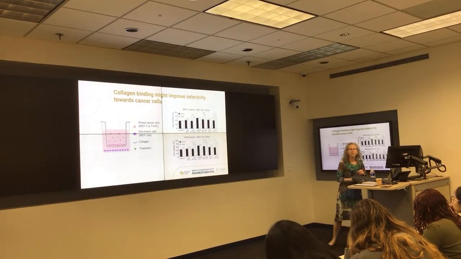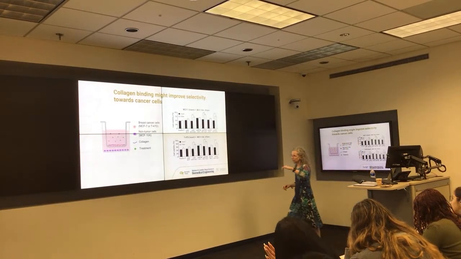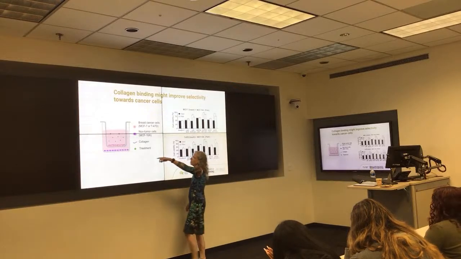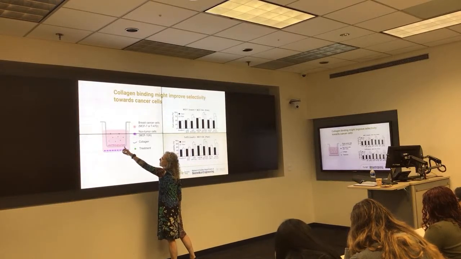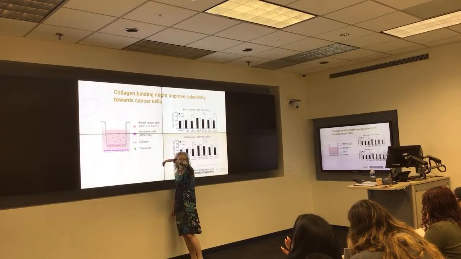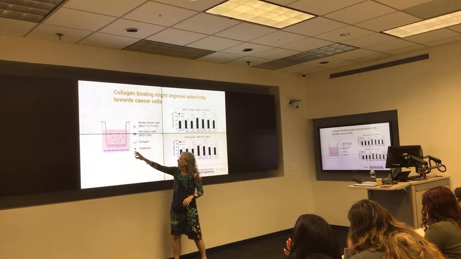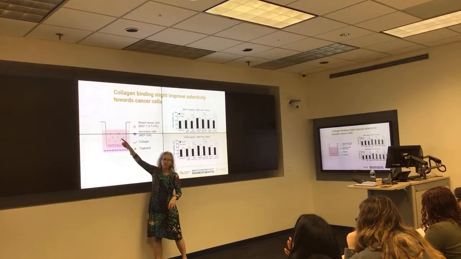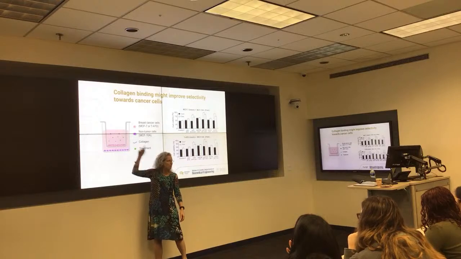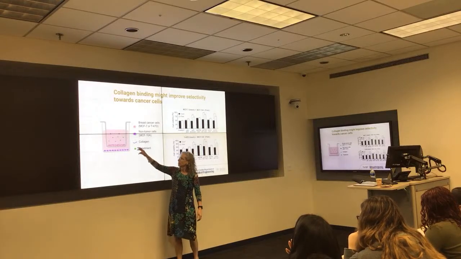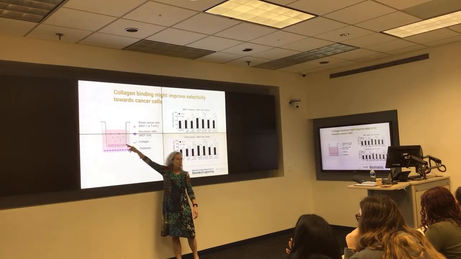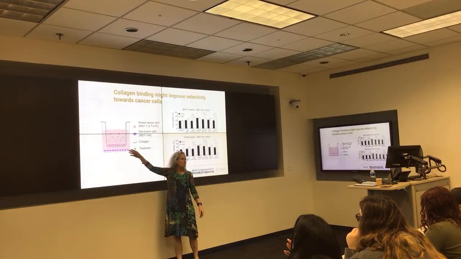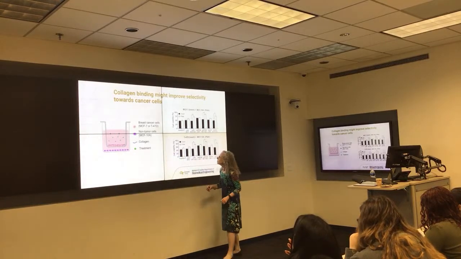And then she did a study where she took breast cancer cells and grew them in the top of a transwell that has little pores so that small things can migrate through, and put healthy cells at the bottom of the chamber, and then treated the upper chamber with either free paclitaxel or paclitaxel in our nanoparticles, and asked the question, could she locally affect the cancer cells without distally affecting healthy cells?